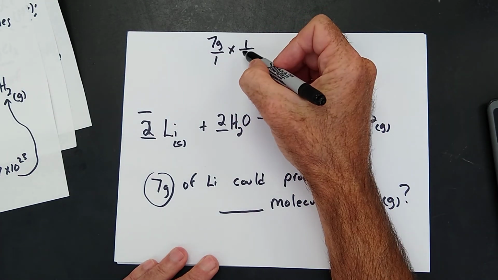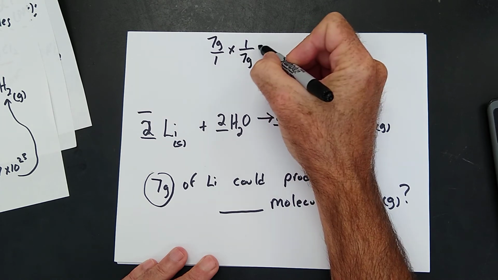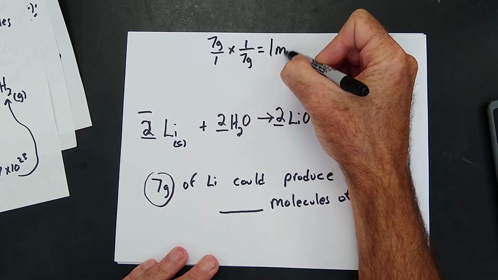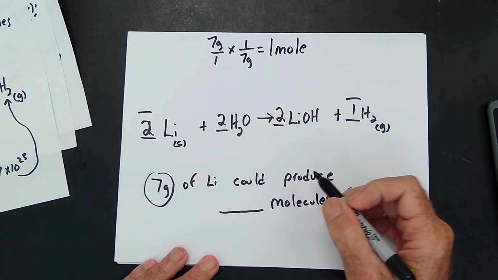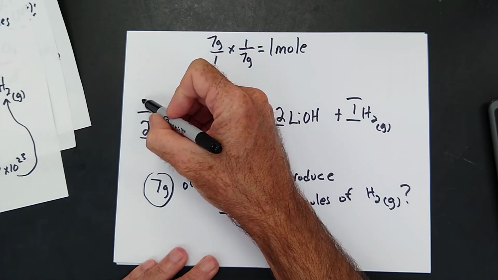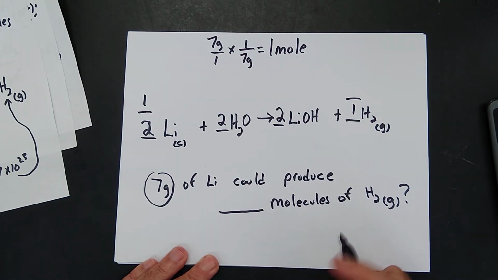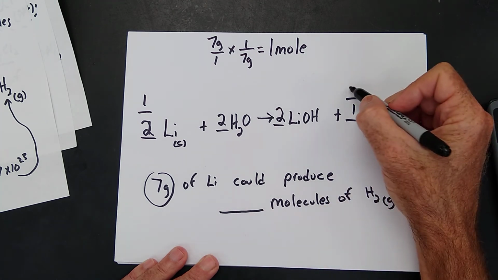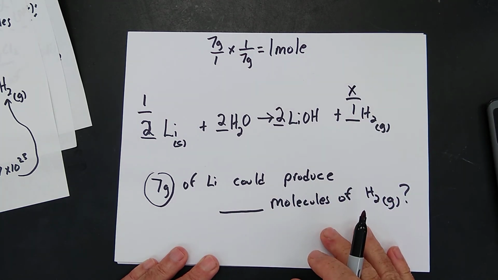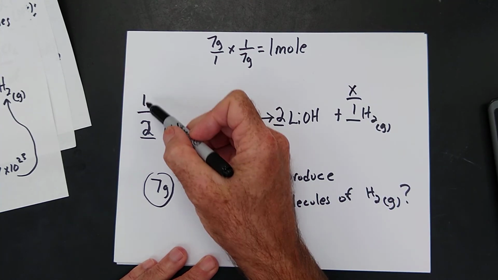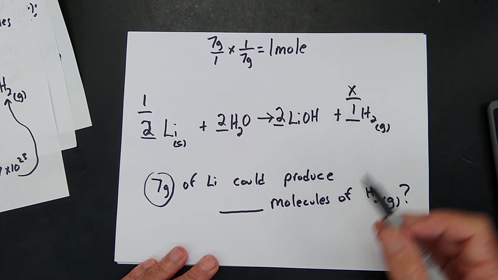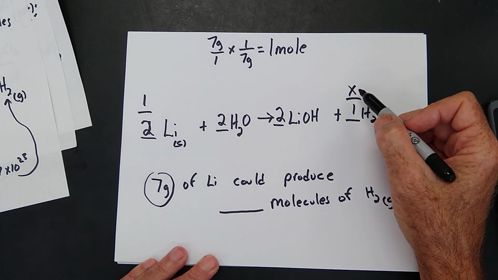Well, guess what the proper number is for lithium? 7 grams. So that's 1 mole. That worked out real easily, didn't it? So 1 mole of lithium could produce X of hydrogen gas. 1 is to 2 as X is to 1. So we have to solve for moles first.